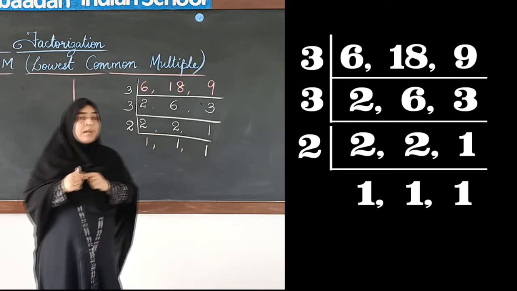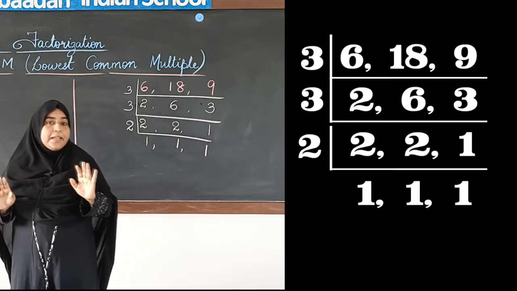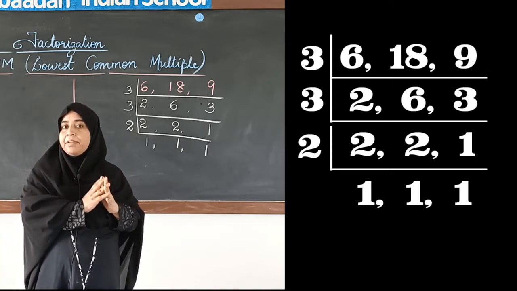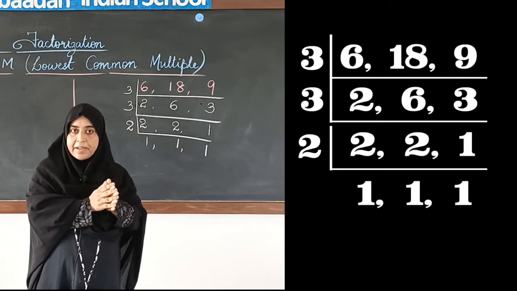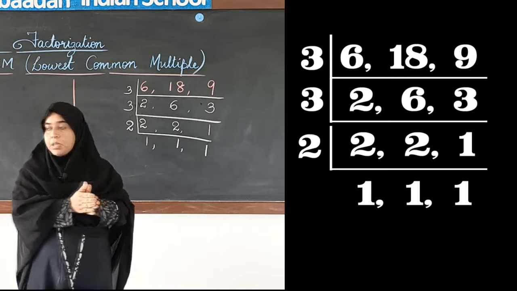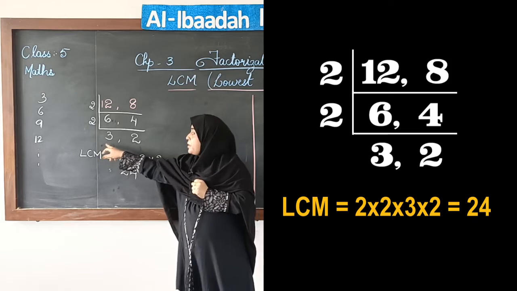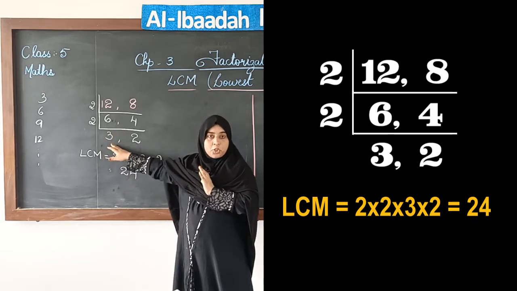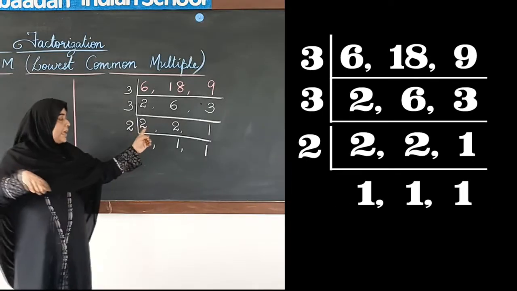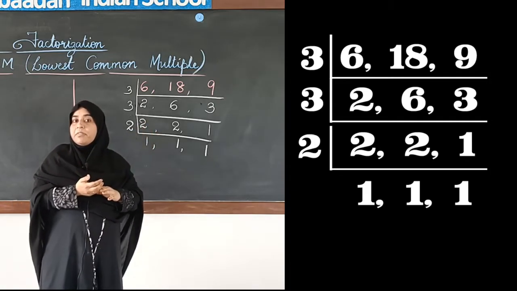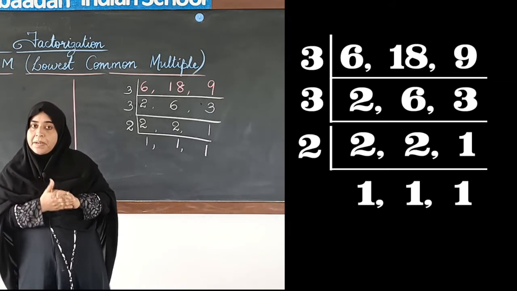So, you have to divide till you do not find any common divisor. Even if 2 numbers out of 3 have a common divisor, a common prime factor, you have to do the division. Here it was not possible for us to find any common factor for 3 and 2. That is why we stopped over here. But in the other case, there was a possibility of getting a common prime factor.